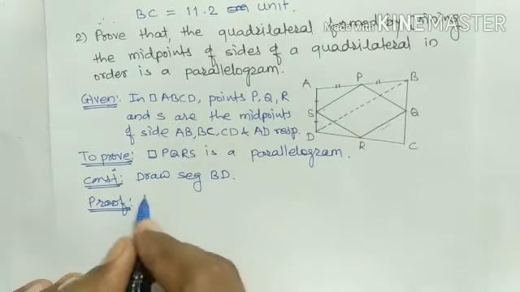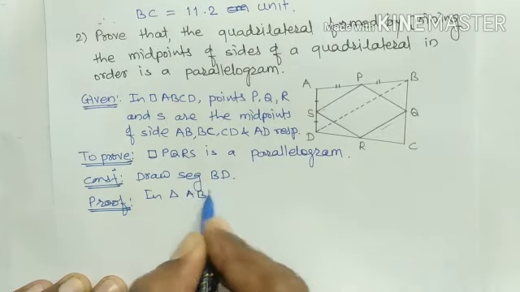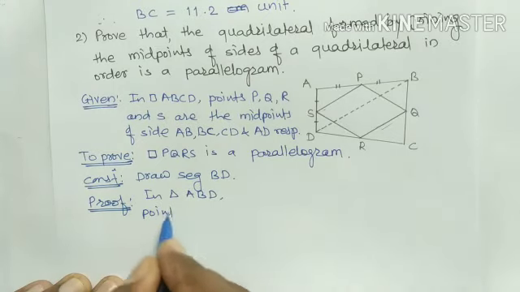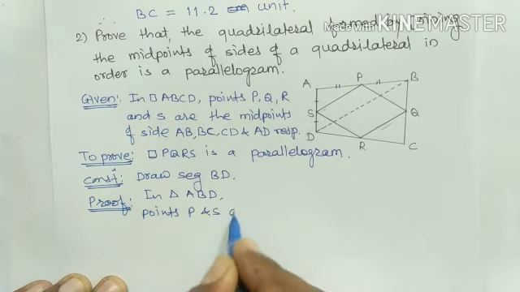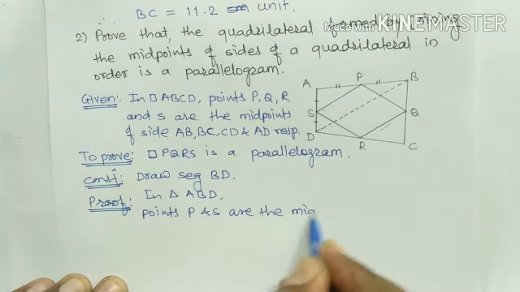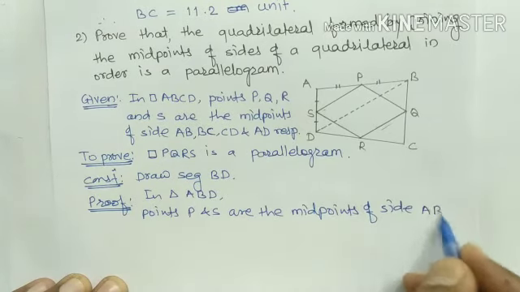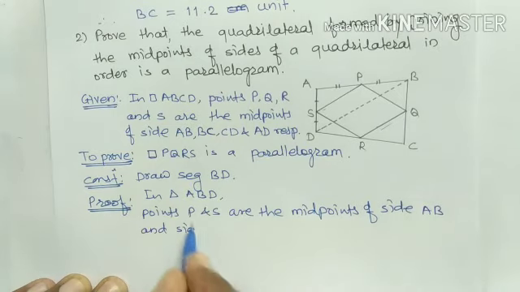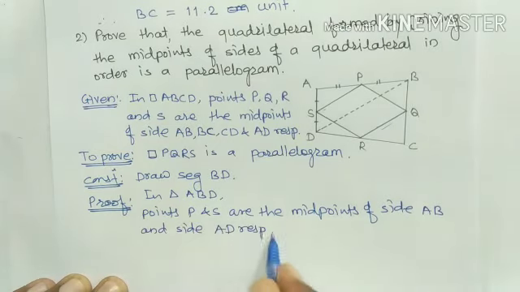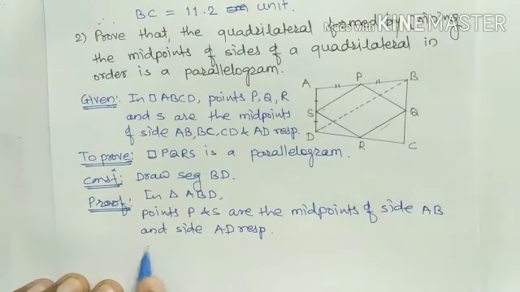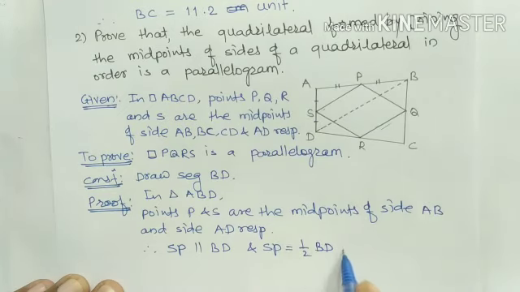See, in triangle ABD, points P and S are the midpoints of side AB and side AD respectively, and therefore this SP or PS is parallel to seg BD, and SP equals half BD by midpoint theorem.